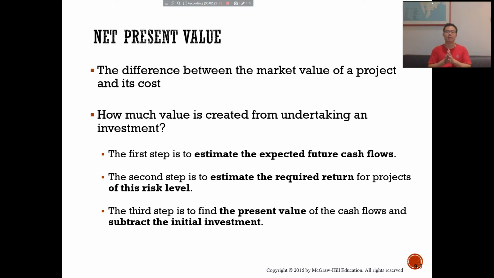The second step is to estimate the required return for the project at its normal risk level. The third step is to find the present value of these cash flows and subtract the initial investment, and also the present value of the subsequent investment costs.